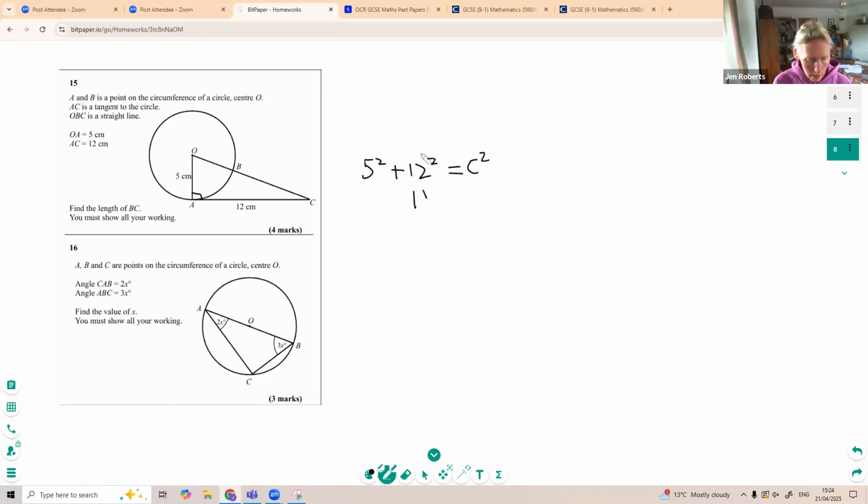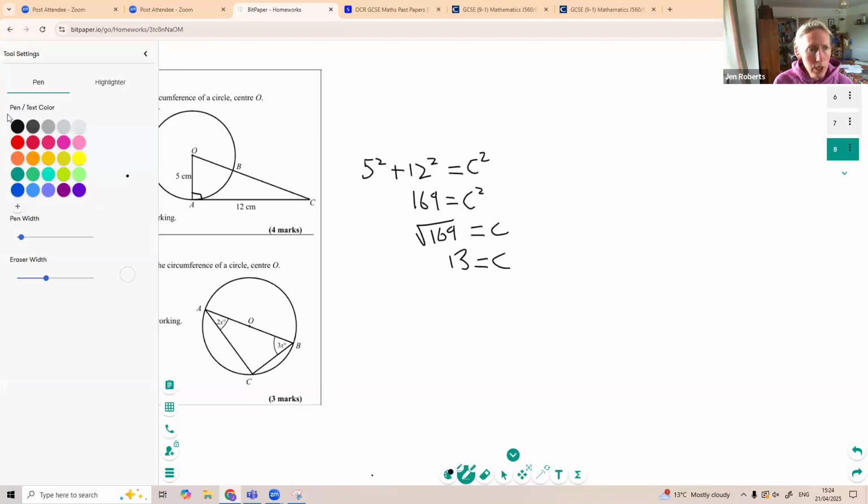169 is C squared. Square root of 169 is 13. I know that length O to C is 13.